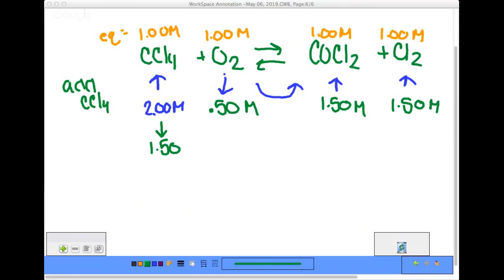This is what the reaction does to reestablish equilibrium. So at equilibrium, these are going to be their relative values. Now, again, I just made these values up off the top of my head, but they're not going to equally distribute themselves out like what you saw before. So it is going to be slightly different, and the numbers are going to be slightly skewed.